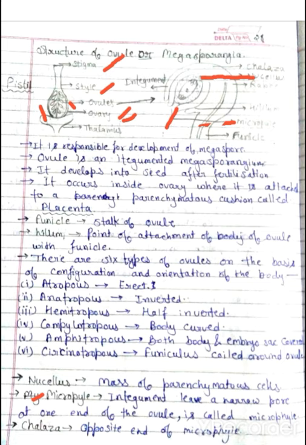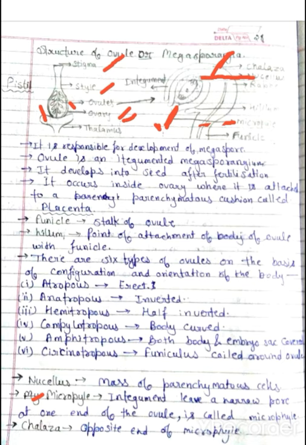And now I will tell you what is chalaza, the opposite end of the micropyle. This point is the micropyle, which has a pore, and the opposite of this portion is called the chalaza. I hope you understand what I told you.